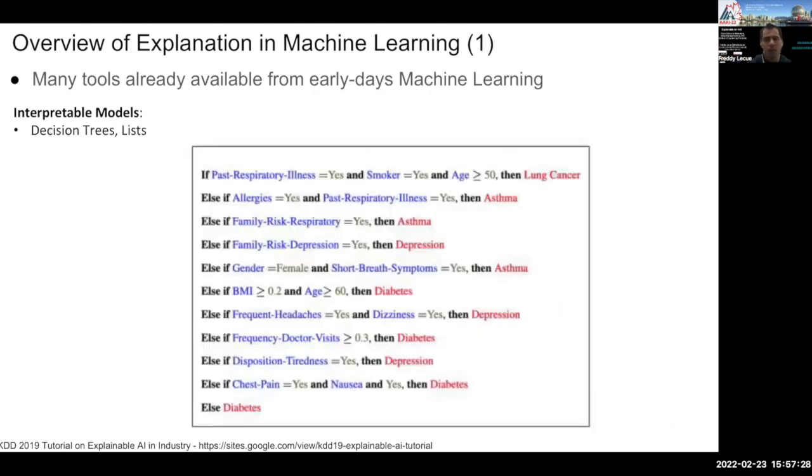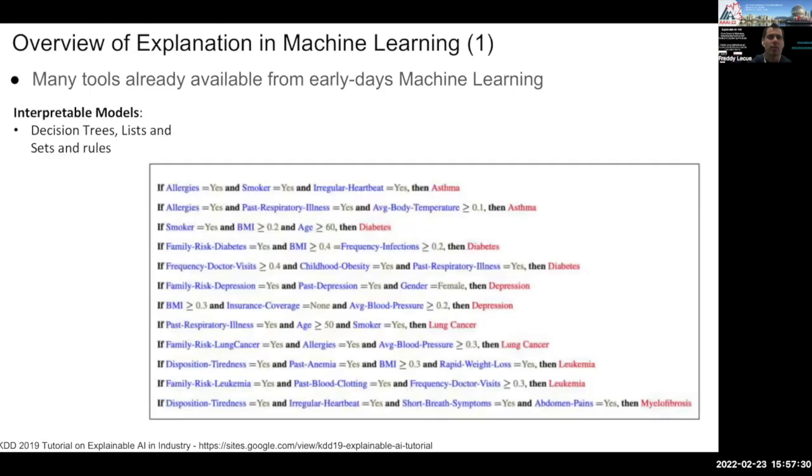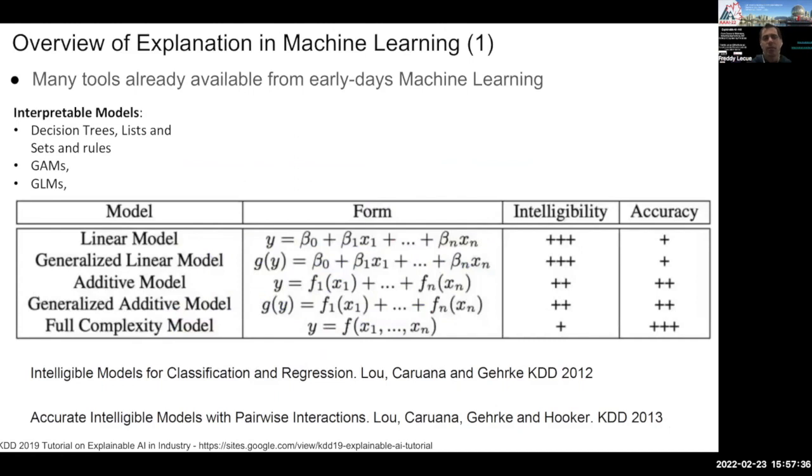So you have decision trees and lists, which are similar but in different formalisms, and sets, and then you move much more towards linear models, additive models. So from the top to the bottom, it's getting more and more complex, adding much more complexity to the model that you're building or to the interpretation, which makes the interpretation much more complex.